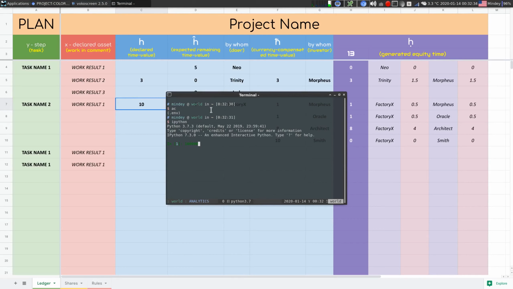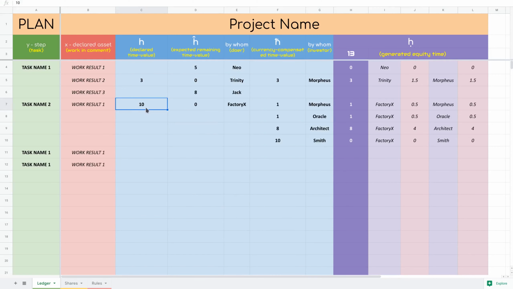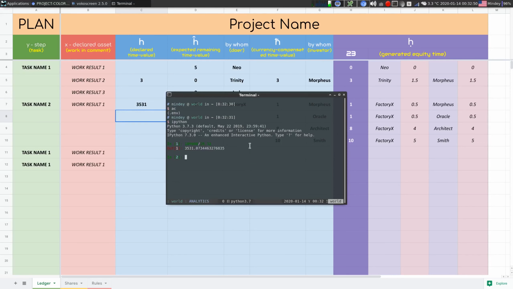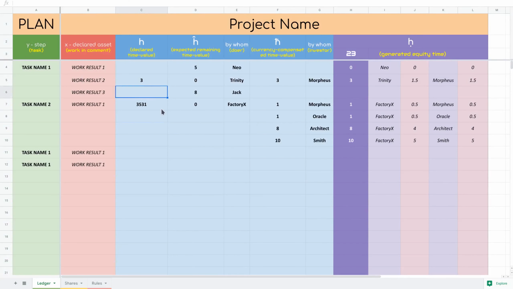What you can do is divide it by the currency amount, the value of an hour, and write that number as the contribution size. Maybe that batch of glass cost $100,000, so this is how we write the $100,000 in hours.